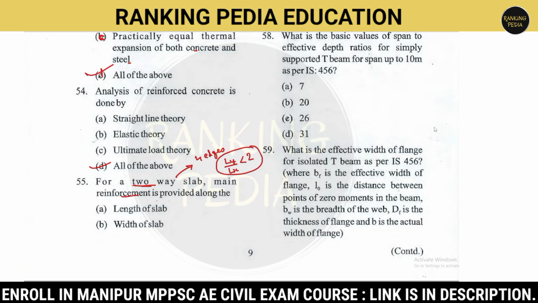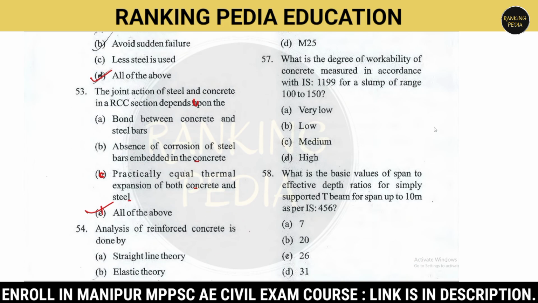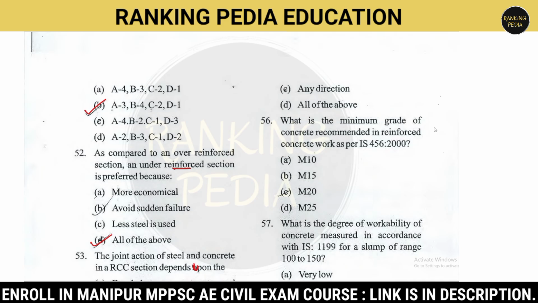So that is your two-way slab. For a two-way slab, main reinforcement is provided along the length of the slab, width of the slab, and in any direction. So option D is correct for the 55th question. All of the above is the correct option.